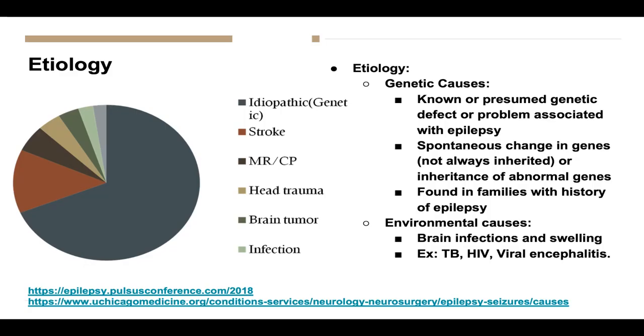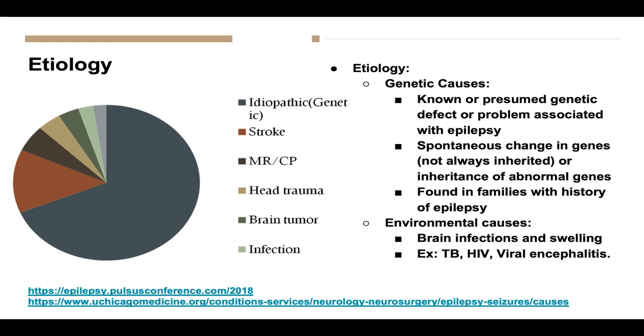Moving on to etiology, the two primary causes are genetic and environmental. For genetic causes, it could be a known or presumed genetic defect or problem associated with epilepsy, or a spontaneous change in the genes, which is not always inherited, or inheritance of abnormal genes.